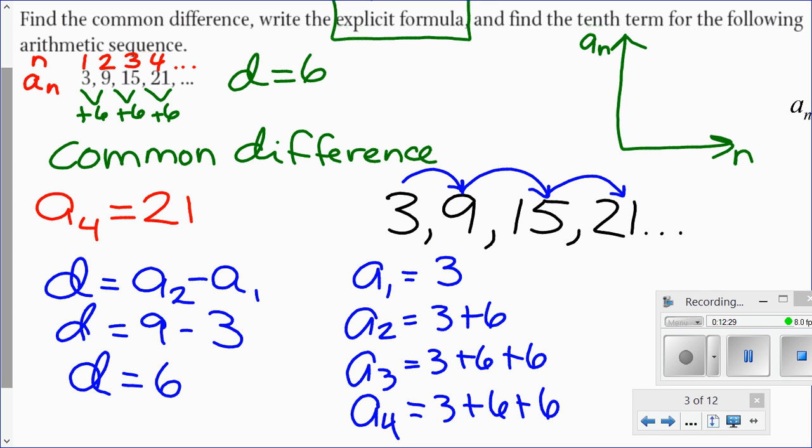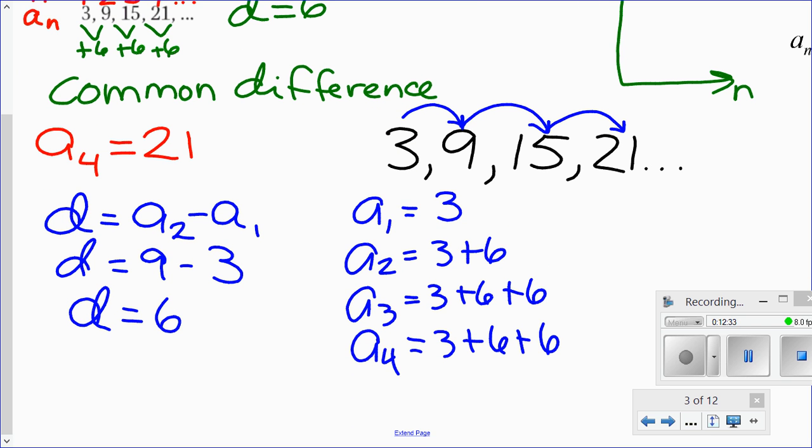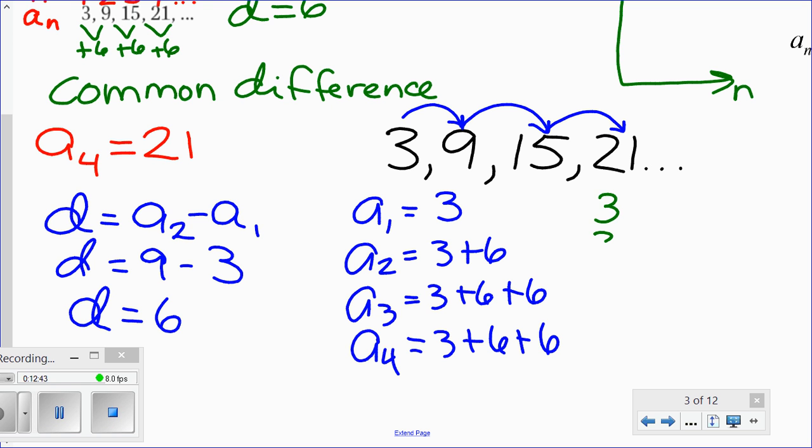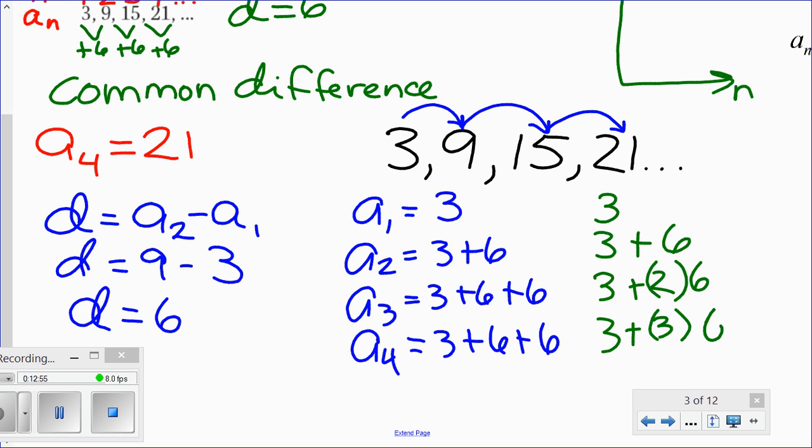Let's look a little bit more closely at this pattern. So let's see if we can rewrite this. I can rewrite this as 3. This is 3 plus 6, right? This is 3 plus 2 times 6. This is 3 plus 3 times 6.